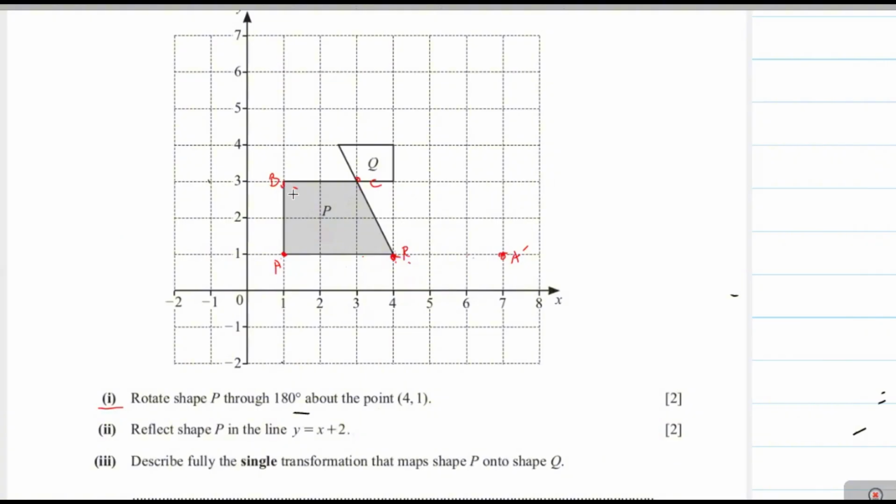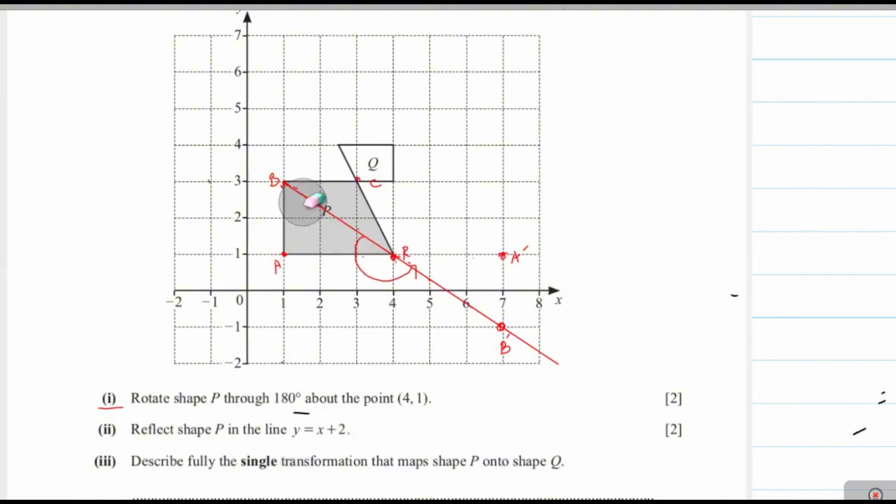Second, we will rotate the point B through 180, and to get the image point of point B, we will join B to R. When we join B to R, we get a line BR. When we rotate this line BR 180 degrees, the position of B dash R will be here. Look here, this is 1, 2, 3 units. Therefore, we mark 1, 2, and this is 3 units. This will be the rotation of B through 180 degrees, and this is B dash.